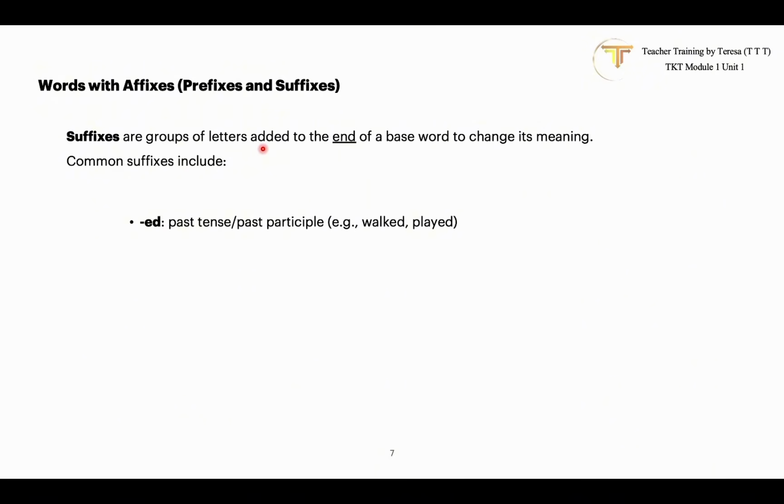Suffixes are groups of letters added to the end of a base word to change its meaning.